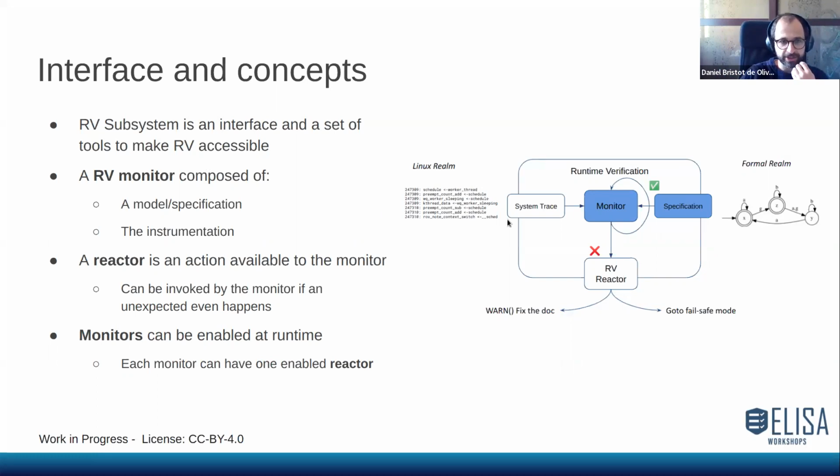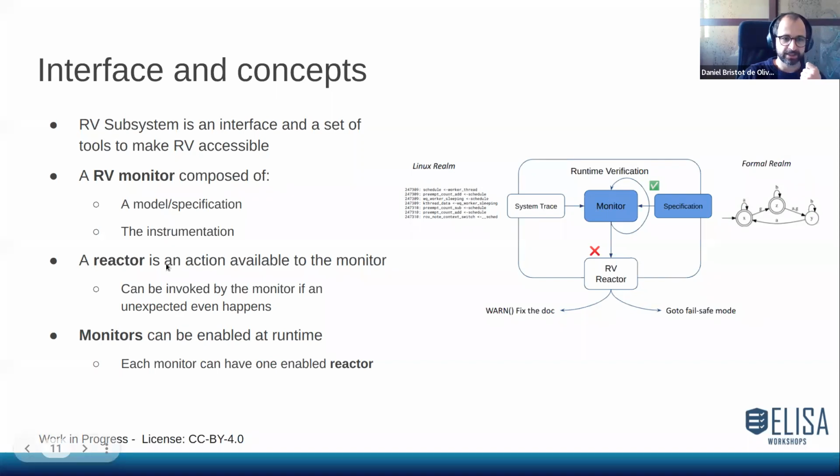An RV monitor is composed of a model or specification, and the instrumentation. The model is the formal specification of the desired or undesired behavior, and the instrumentation is the part that connects the monitor to the tracing part of Linux. And then the monitor connects the two things.